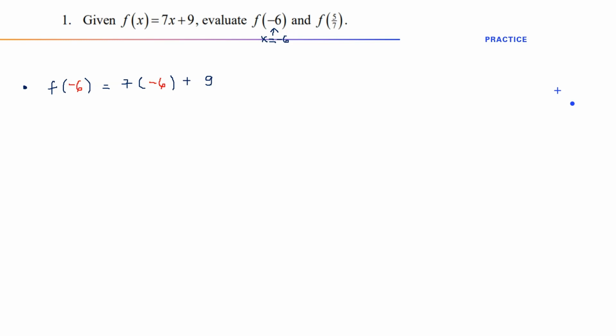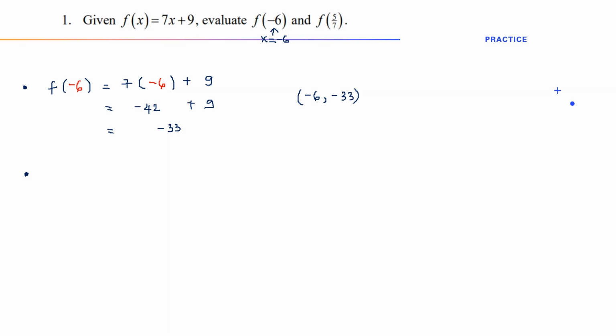And then we simplify. 7 times -6 is -42, plus 9, that will be -33. Okay, so the point will be -6, -33.